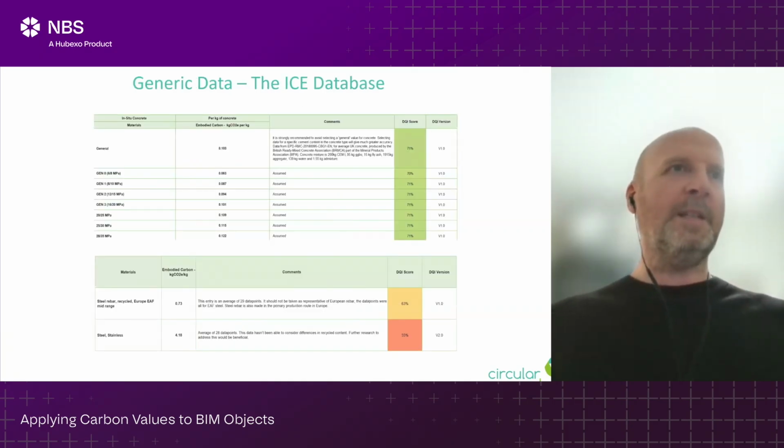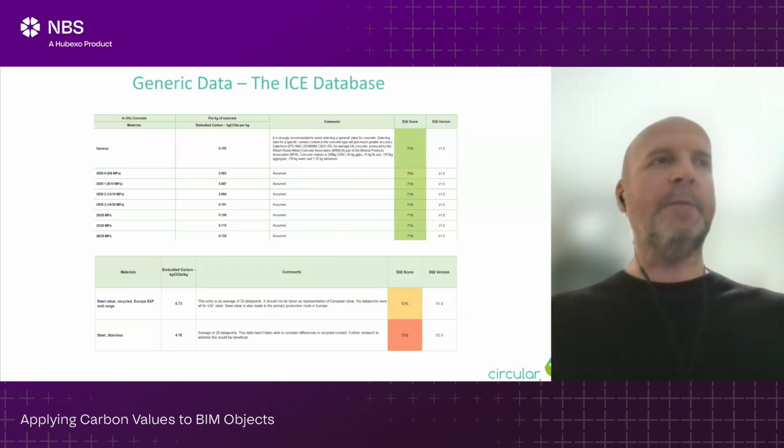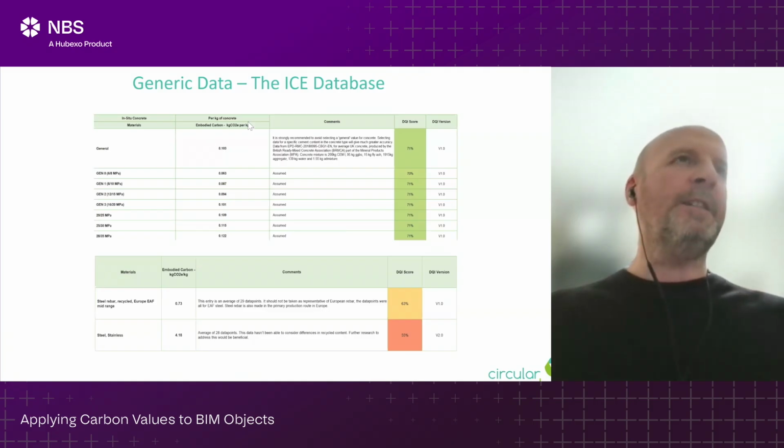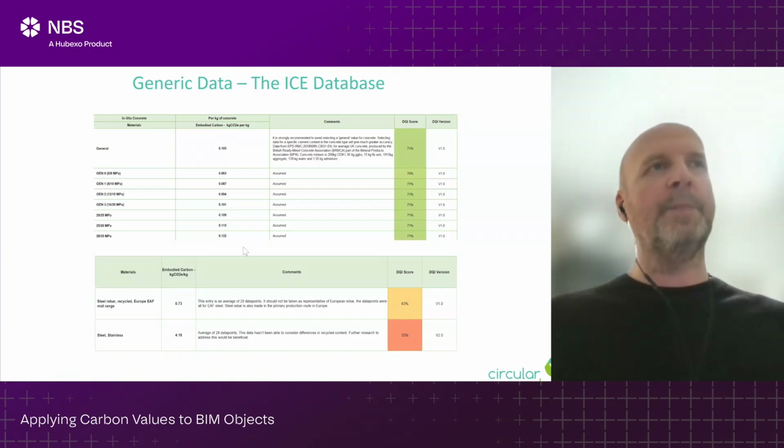Now, in the ICE database, if you download it, it's an Excel format. You will find data, embodied carbon per kilogram of materials. So here shows an example for concrete, general concrete, a 20 to 25 megapascal concrete, a 30 megapascal concrete, a 35 megapascal concrete.